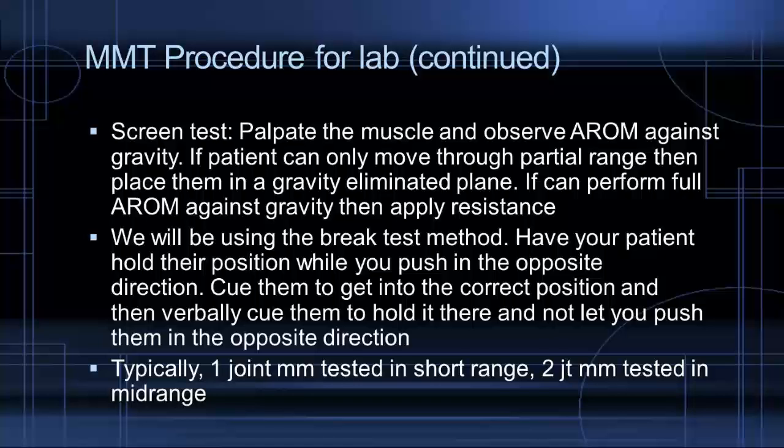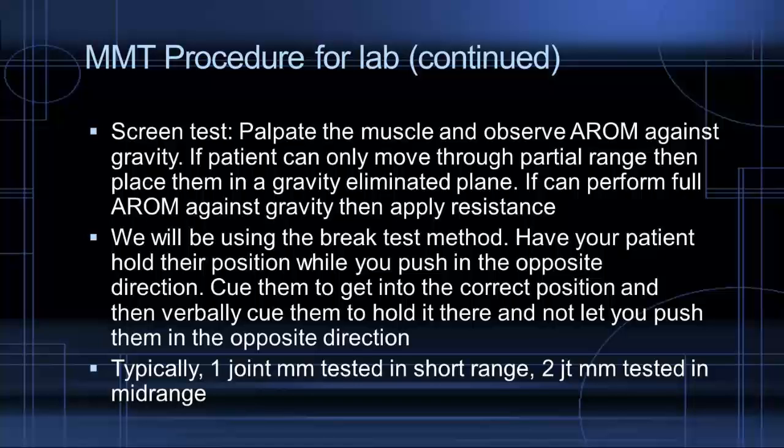Okay, so if they can move through that full active range of motion against gravity, they have at least a 3 out of 5, and then we're going to put some pressure on it to see if maybe they're a 4 out of 5 or a 5 out of 5, if they can withstand more pressure. If a person can only move through a partial range, then we automatically place them in a gravity eliminated plane.